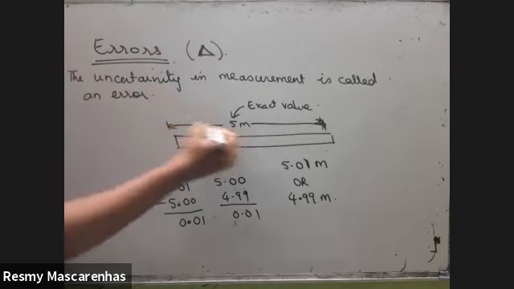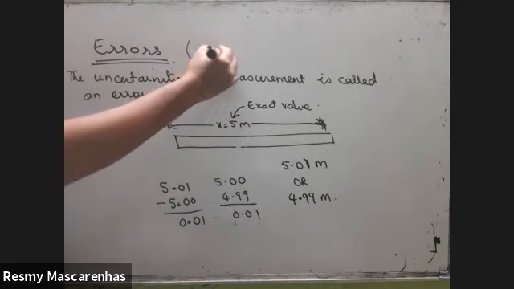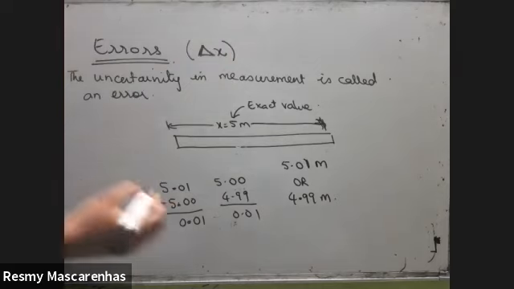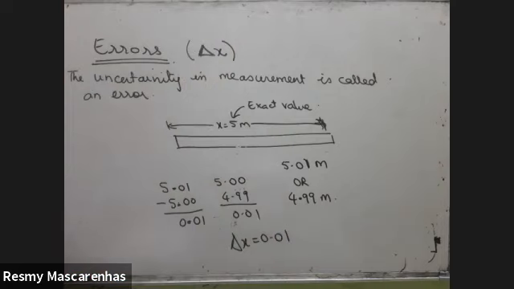So if this was my x, okay, if this is x, then it would be called delta x. So over here, what is delta x? 0.01. So it is how much extra or less it is from what you should actually be having.